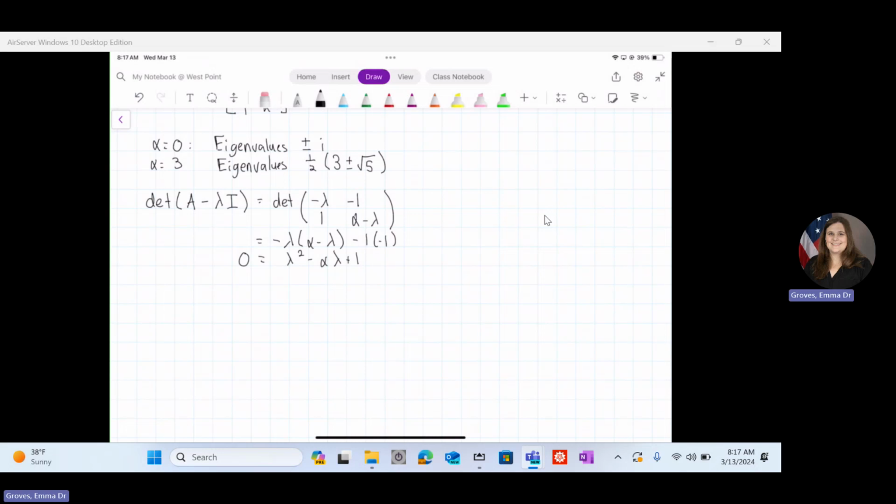Maybe, but I really want to focus in on those eigenvalues. So let's stay focused on how I could find the eigenvalues. I know there's an alpha in here, but could we find the eigenvalues of this? Quadratic formula, our favorite thing ever, right? So if we use our quadratic formula, we have the opposite of b, so that's going to be alpha plus or minus the square root of negative alpha squared minus 4 times 1 times 1, all over 2 times 1.